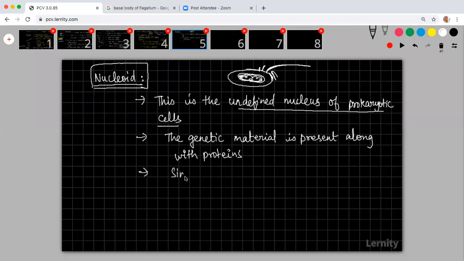It's a single double stranded circular DNA. Single double stranded circular DNA is the genetic material.